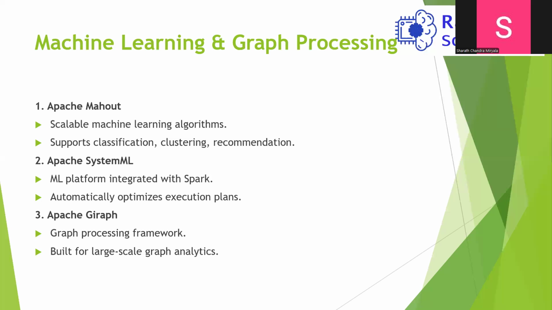And we do have something called Apache SystemML. It is a platform that automatically optimizes the execution plans. It works with Spark. And then we do have Apache Giraph. Giraph is a graph processing framework. You can do large scale graph analytics. Mostly Giraph is used in case of NoSQL databases.